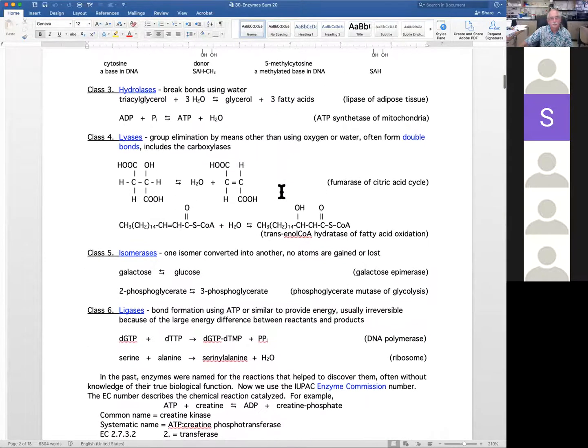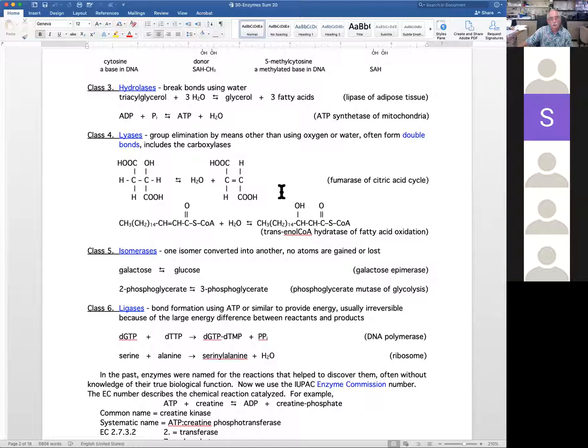A hydrolase uses water to break a bond, but don't forget, these are also the same category if they're going in reverse. So here I have water on one side, here I have water on the other side. That's also a hydrolysis, isn't it? Or excuse me, a hydrolase.